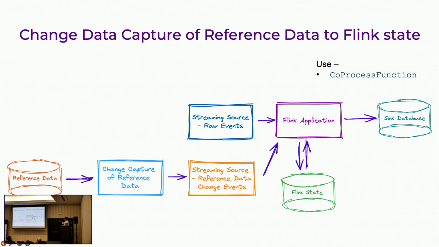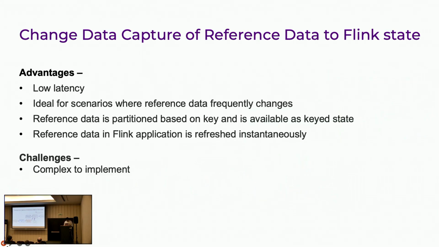You also have another streaming source where you are getting the raw events. Now your Flink application gets these two streams of events and then stores the rates data, change events, into the Flink state, and applies the enrichment to the raw events before sinking the data to some downstream system like a database. In this scenario, you can use a co-process function to do this.